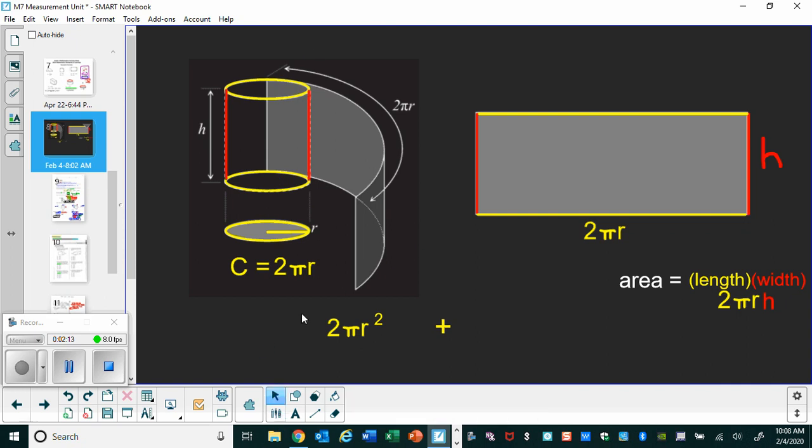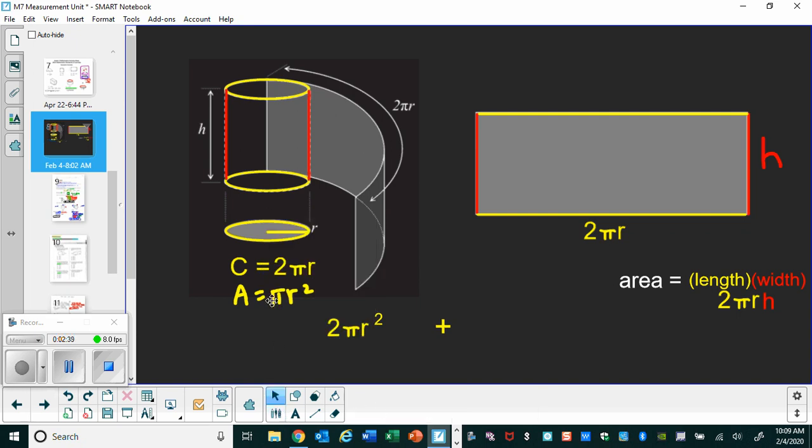What we're going to look at here is I've got a cylinder, and if I want to cover up the top and the bottom, I'm going to use the area formula for a circle, which is pi r squared. Now right here is the circumference formula, and we're actually going to be needing A equals pi r squared if we want to shade in this region, okay?